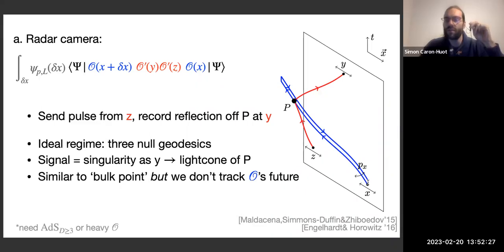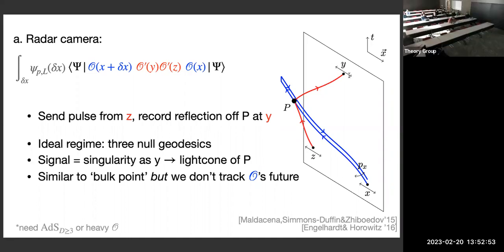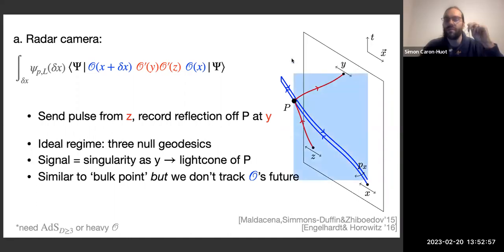You create this bulk excitation at X, create this pulse at Z, and generically, if they're space-like separated, there'll be one point where they intersect, point P. Then there'll be a sharp reflection, something like a bulk point singularity, as the point Y approaches the future light cone of the point P. So there's a whole hyperboloid on the boundary along which there is a singularity.